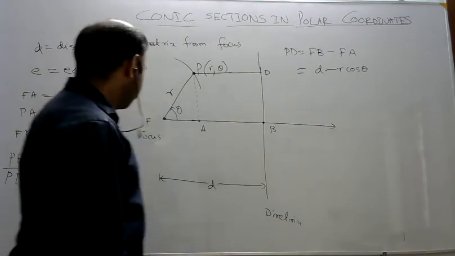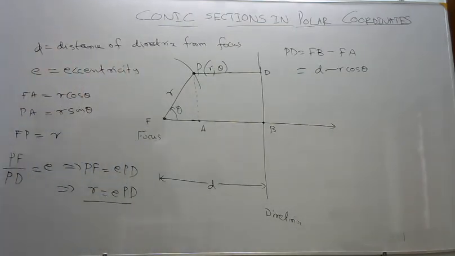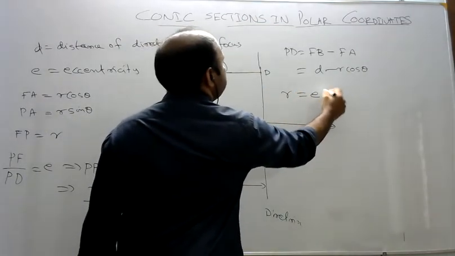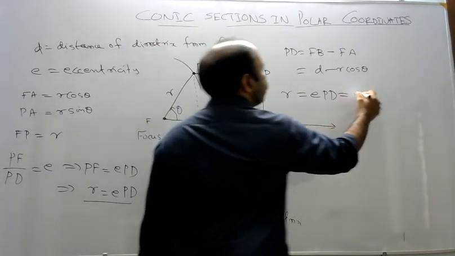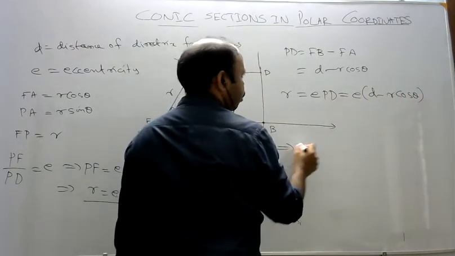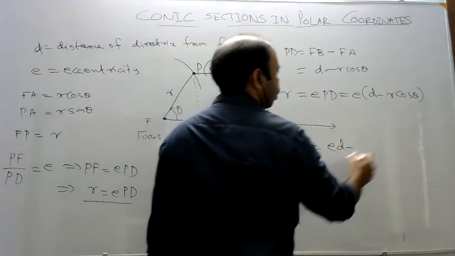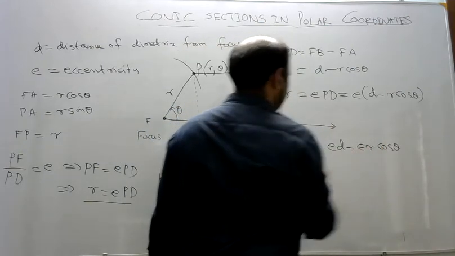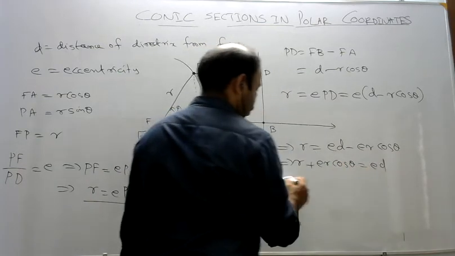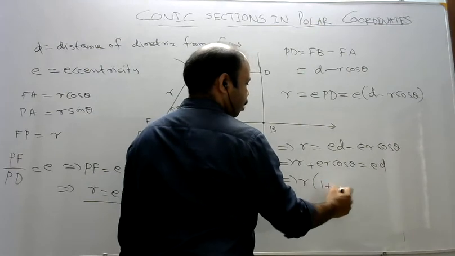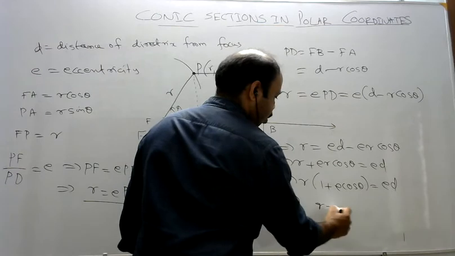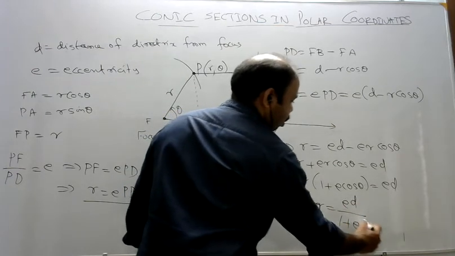Substituting here, we have r equals e times PD, which implies r equals e times (d minus r cos theta), which implies r equals ed minus er cos theta, or r plus er cos theta equals ed, or r times (1 plus e cos theta) equals ed, or r equals ed divided by (1 plus e cos theta).